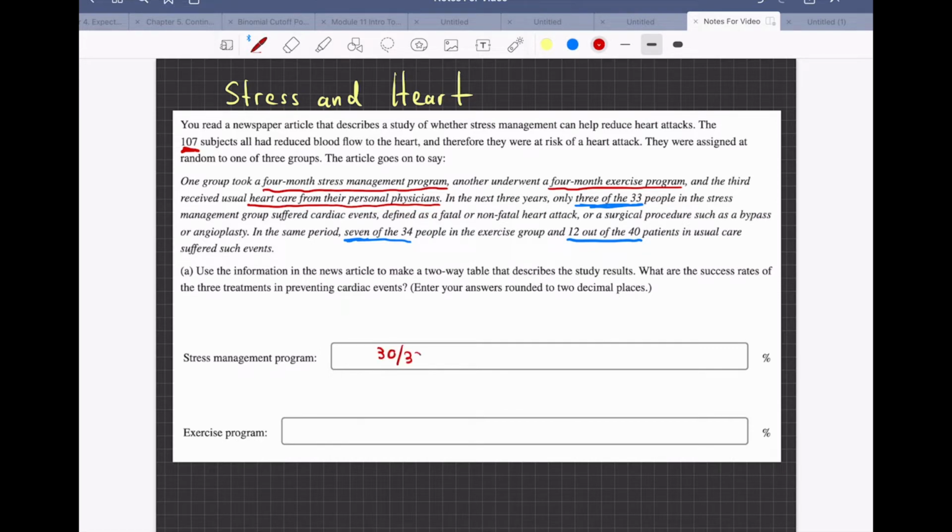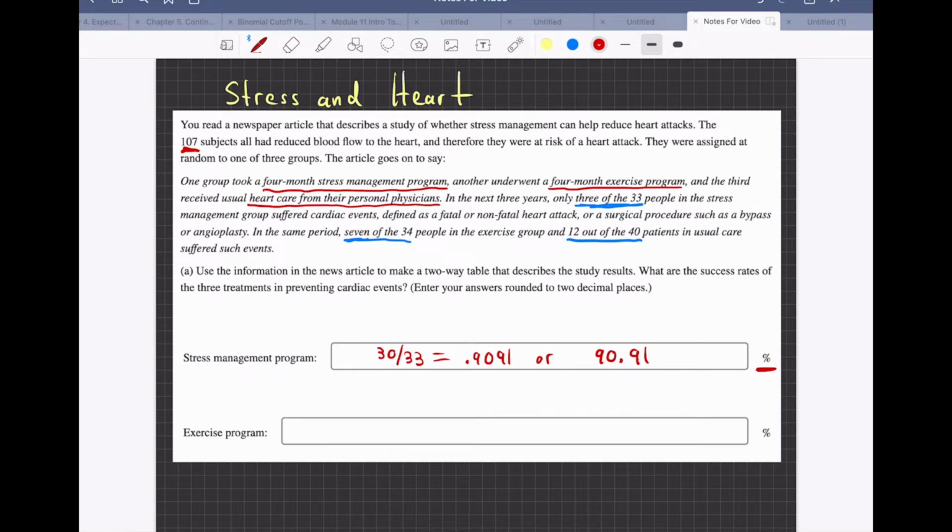If you do that, it is 0.9091, or in percentage, 90.91%. It has to be in percentage, so you only multiply your result times 100.